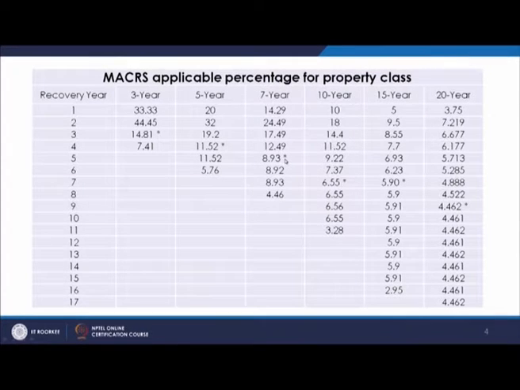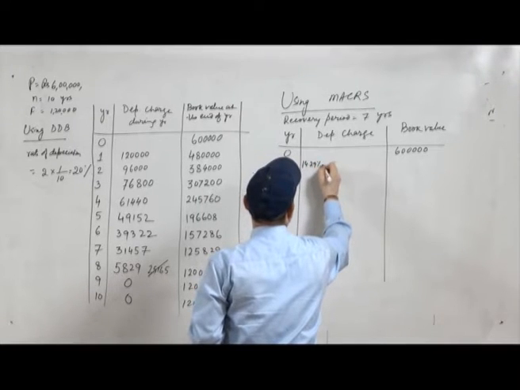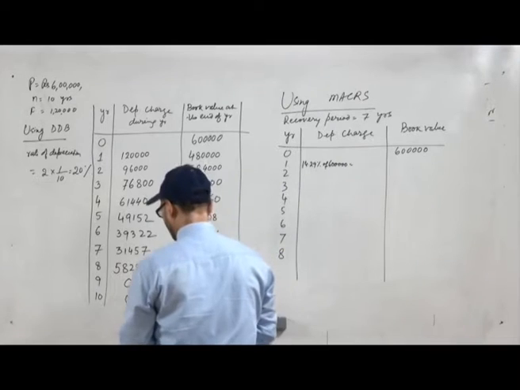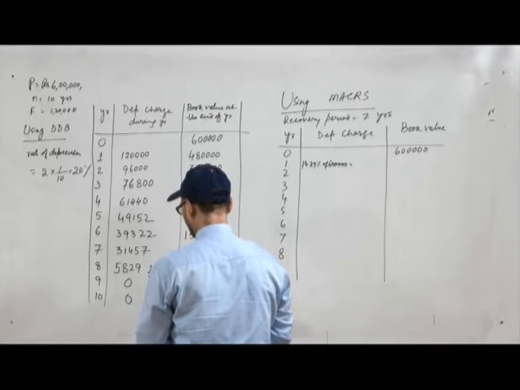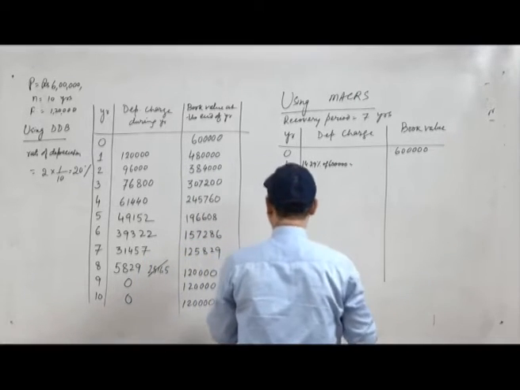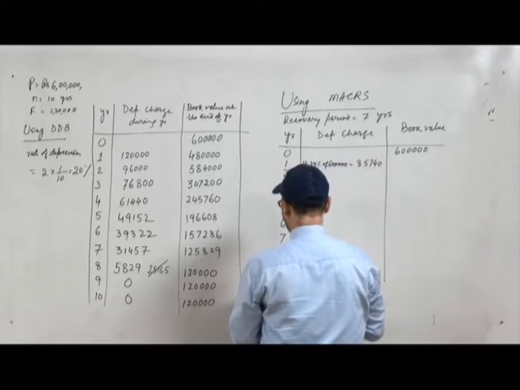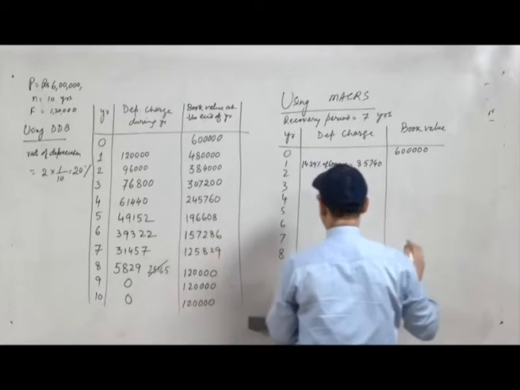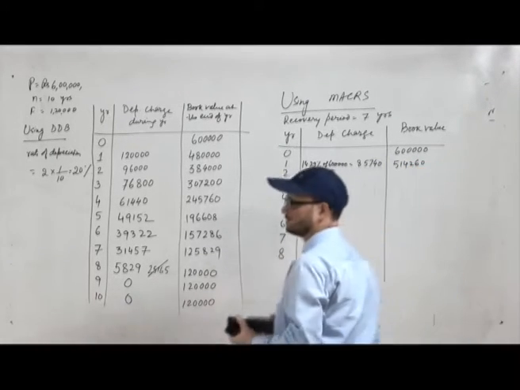So, in the first year it will be 14.29% of 6 lakh, so it will be 85,740 and you get 514,260 as book value at the end of first year.